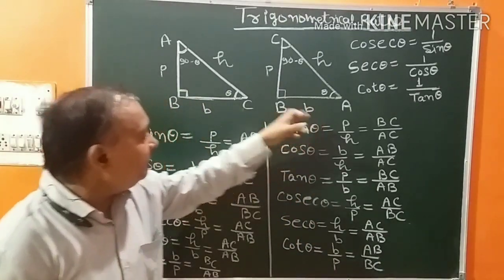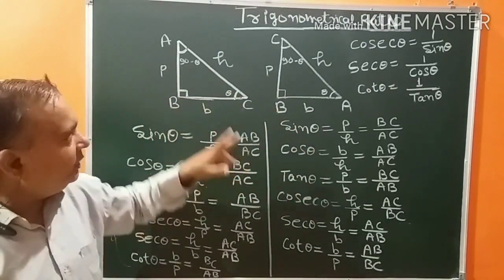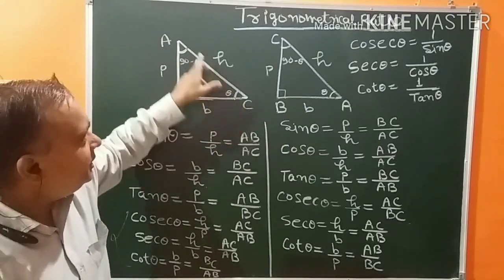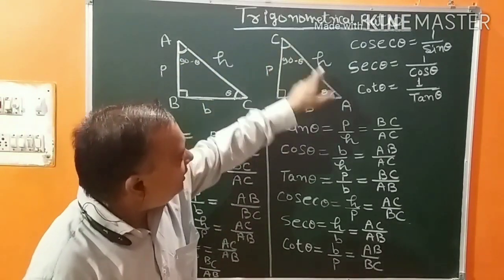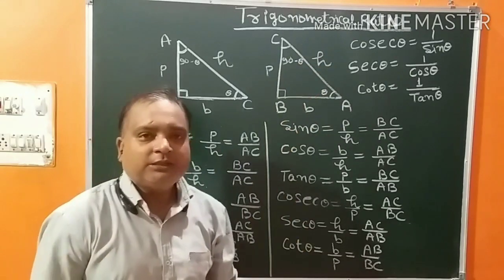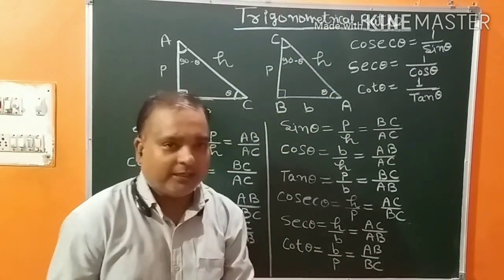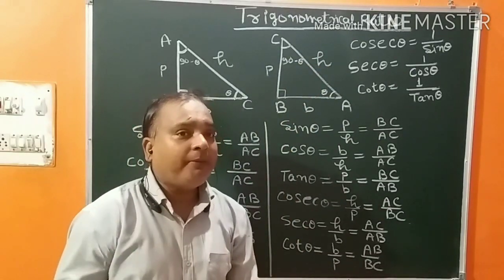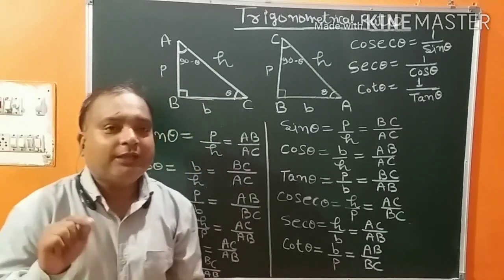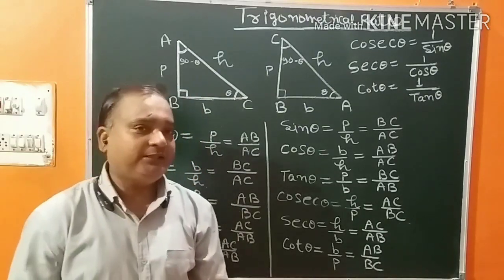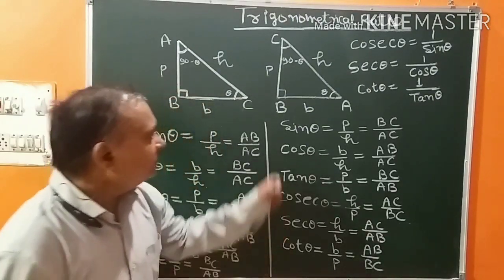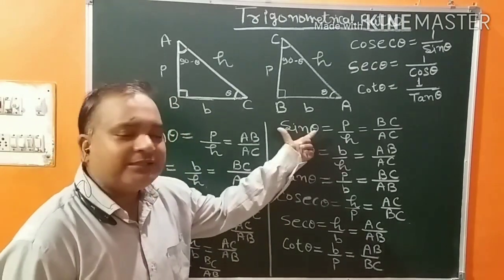Now we take the position of hypotenuse in both the figures. Here AC is the hypotenuse. Here again AC is also the hypotenuse. So when we interchange the angle, the base and perpendicular will interchange, but the hypotenuse will never change. It remains constant.